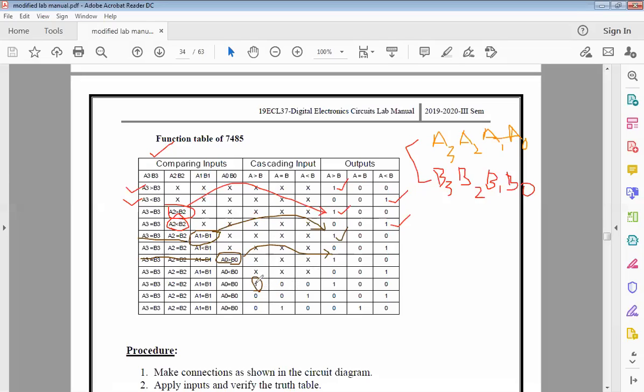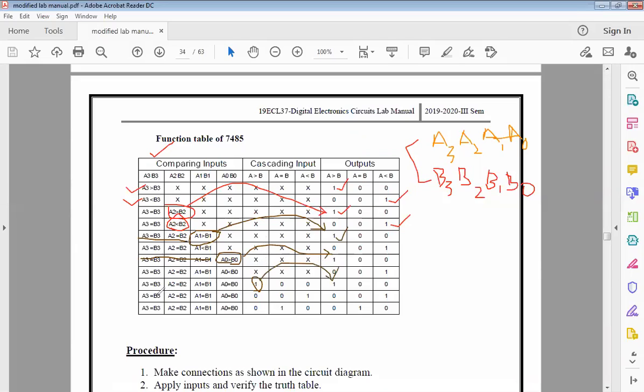What we are trying to do here is put them in parallel. When all are equal, the IC will decide that A is greater than B, and whatever the value is here, the same will be your output.